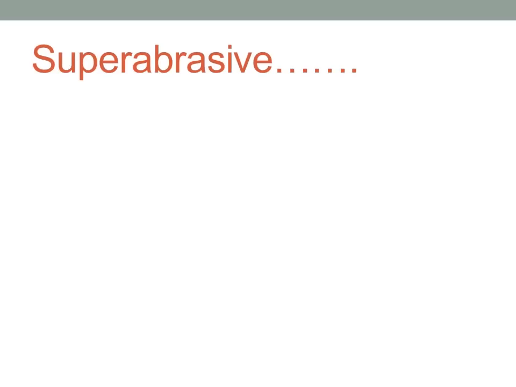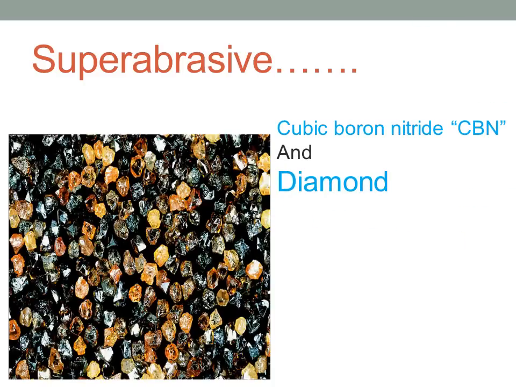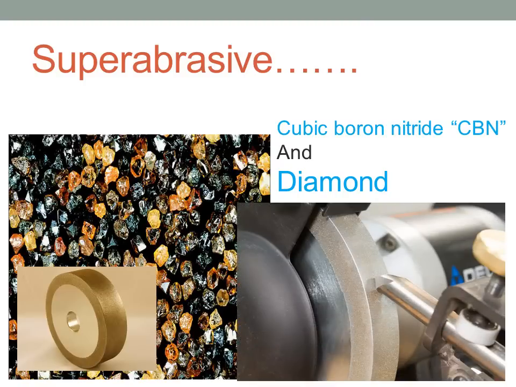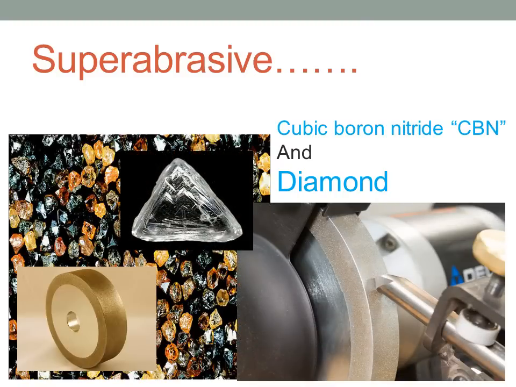If there are abrasives, actually, there are also super abrasives, namely cubic boron nitride or CBN and diamond. These two are used in about 5% of grinding.